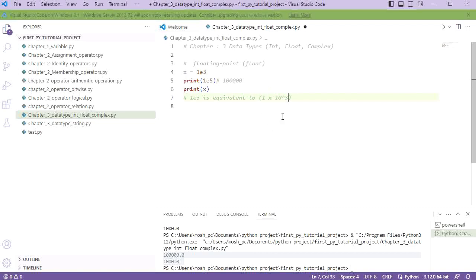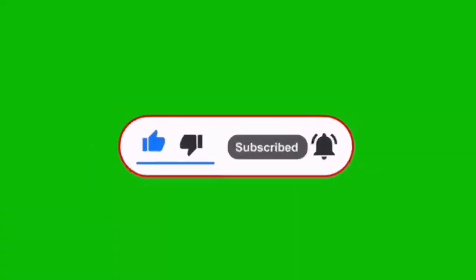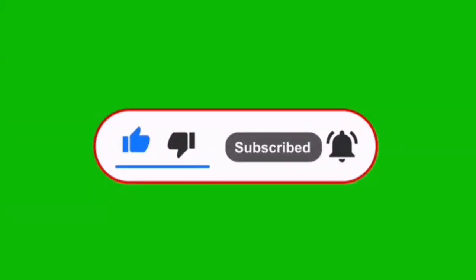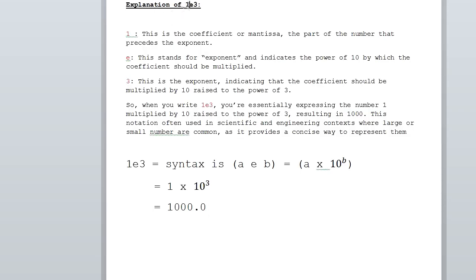Let's try to understand it more practically. See this one, this is the coefficient or mantissa, the part of the number that precedes the exponent. Secondly, the e stands for exponent and indicates the power of 10 by which the coefficient should be multiplied.